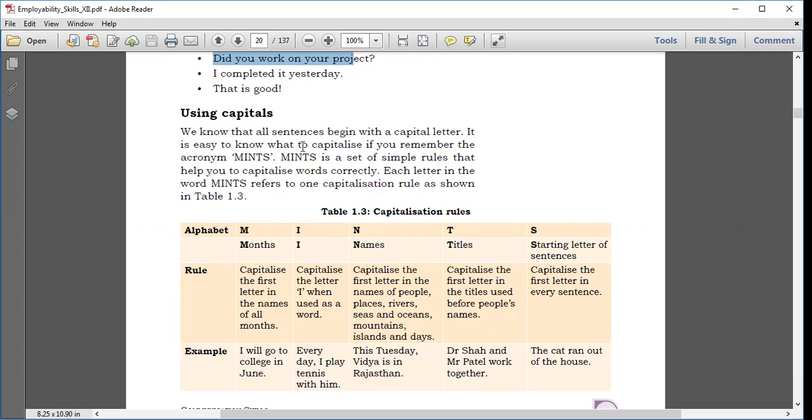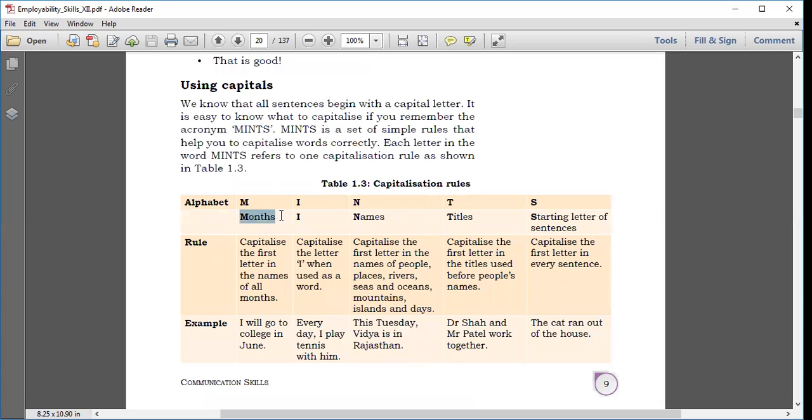And it is easy to know what to capitalize if you remember the acronym MINT. ये मिंट acronym याद होगा, ये rules है, right? मिंट में M for months, I for I only, N for names, T for titles, and S for starting letter of the sentence. तो इनको आपने कैपिटल करना है.